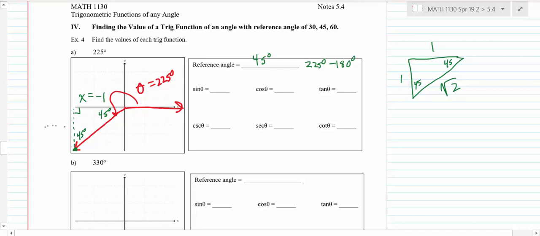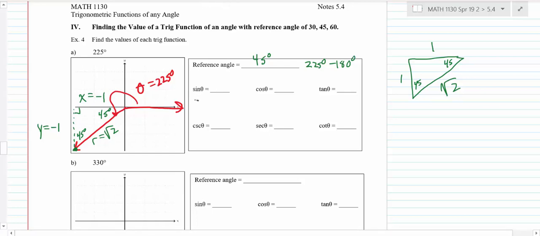Opposite the 45 is also 1, but it's a y value, so that's -1. And this r value is square root of 2. Now we've got everything that we need to figure this out.